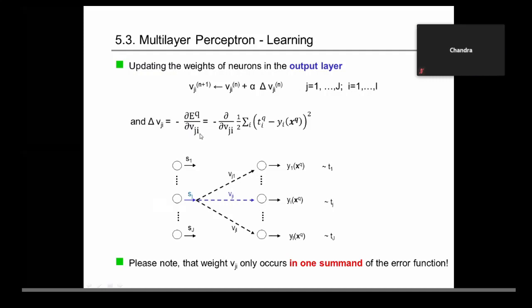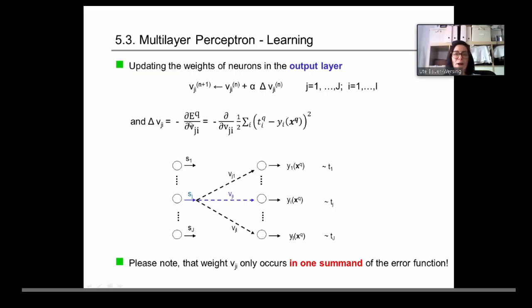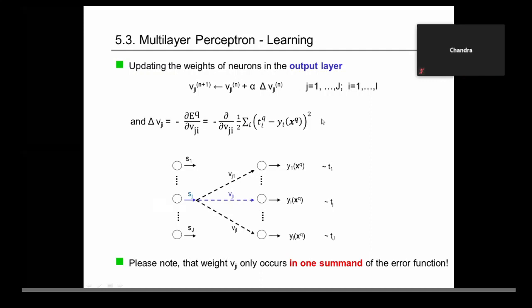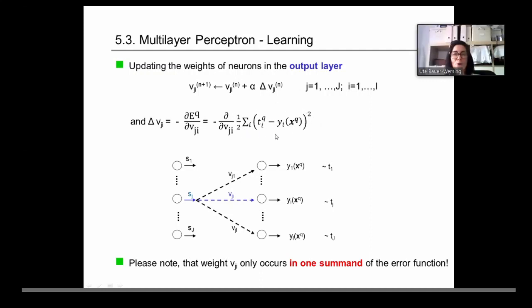and we take the partial derivative with respect to Wji. So this is the same formulation we've seen already in chapter 3. We can plug in the quadratic error function, and this is the partial derivative that we have to calculate. And here in this figure, I tried to depict what we are doing.